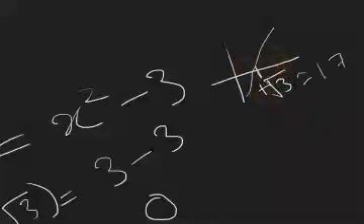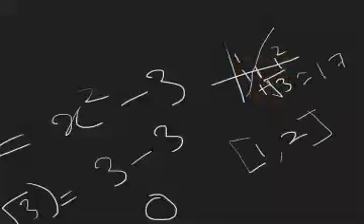Then let's choose the closed interval 1, 2, because the square root of 3 is in between these two numbers. Then we can use the bisection method to find an approximate value for the square root of 3, right? So 1, 2 is the closed interval.